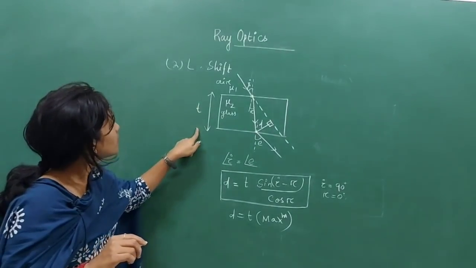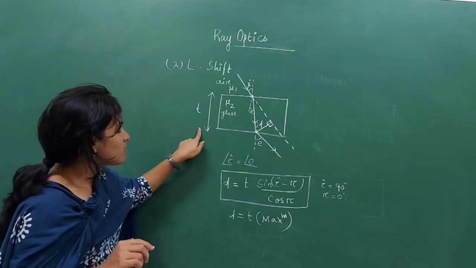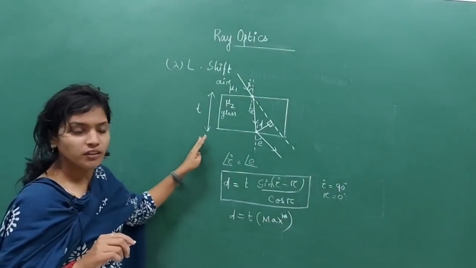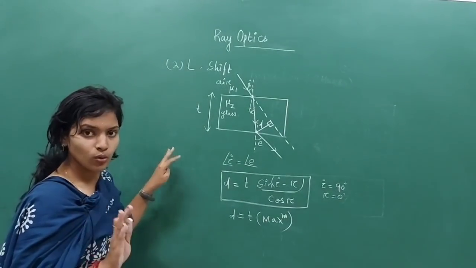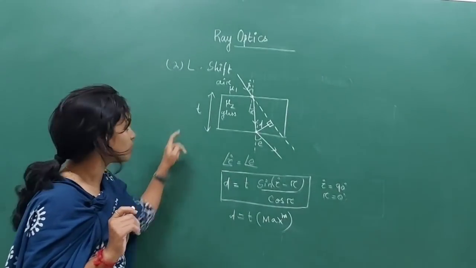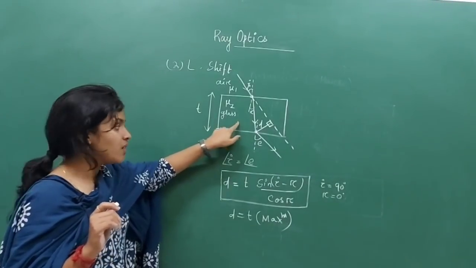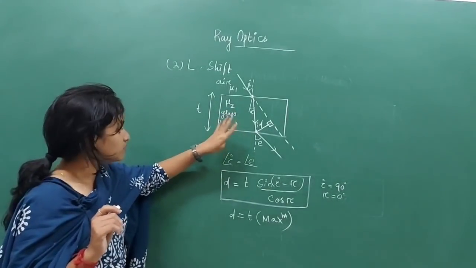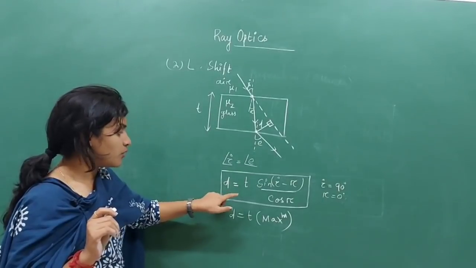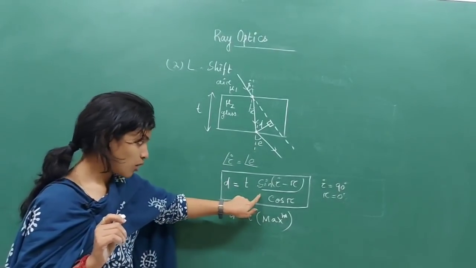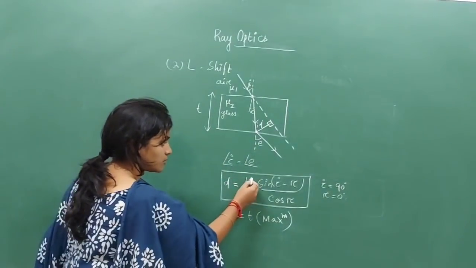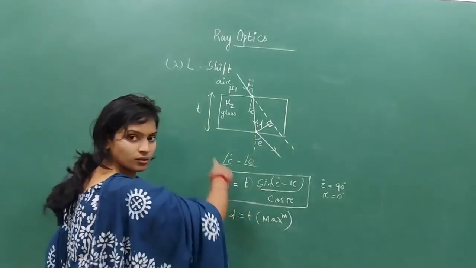This is all about the lateral shift. Do not worry about the derivation part, just go through the previous video for the lateral shift of light and derive that formula. And for numerics, remember these terms and the symbols representing them.